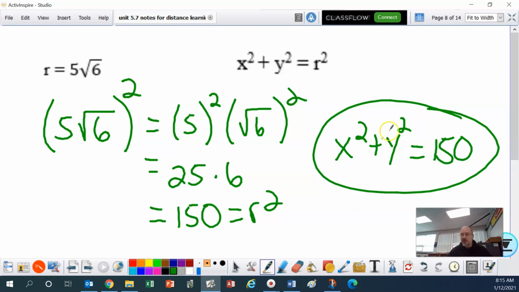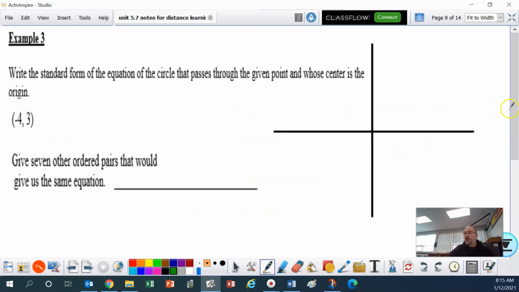All right, got a few more things to look at here. What else can we do? I could give you an ordered pair, and I'm going to want you to figure out what the equation is. First of all, we're going to figure out some other ordered pairs that are on the circle.